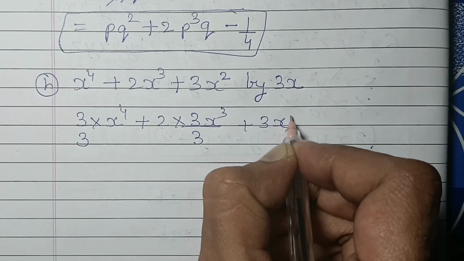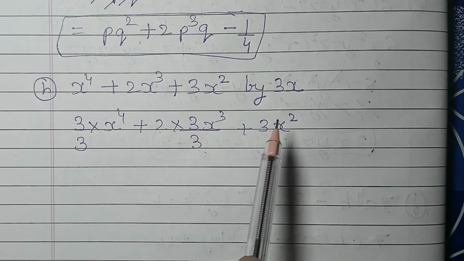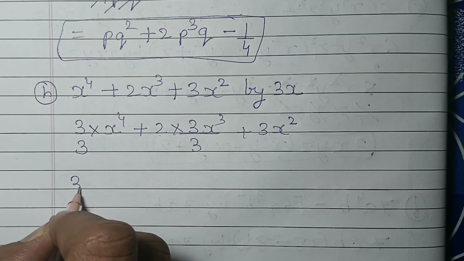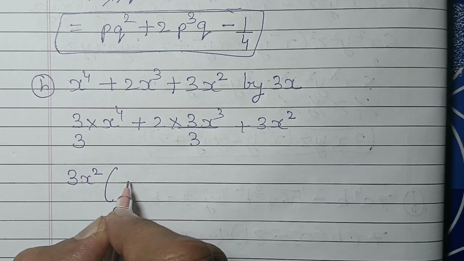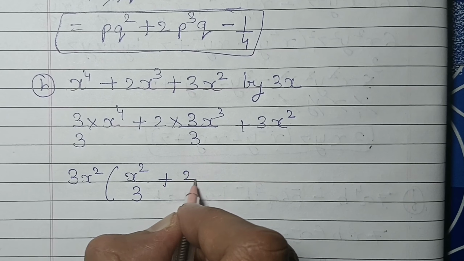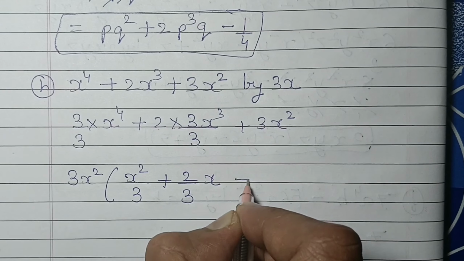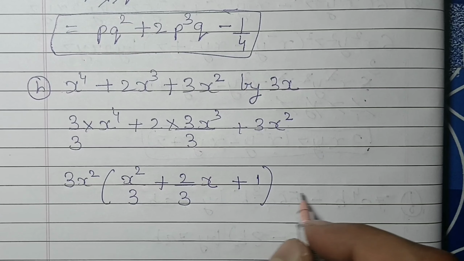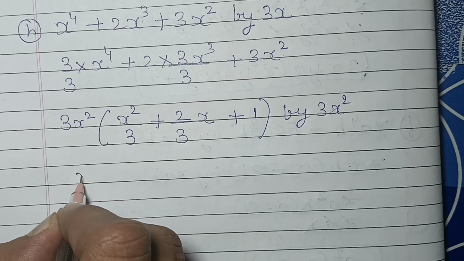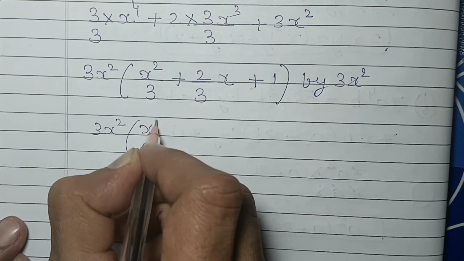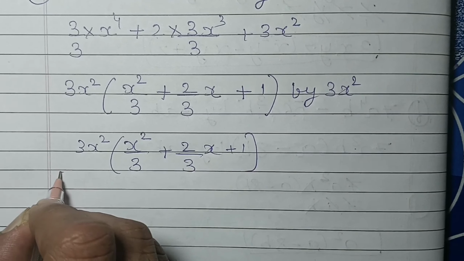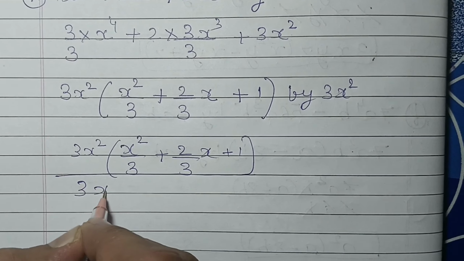plus 3x square, so now we can take out x square and 3x square we can take out common, so the remaining term will be, here x square divided by 3 will be common, plus here 2 by 3 x will be common, plus here 1 will be common, and if we divide these by 3x square, then we can write as 3x square into x square by 3 plus 2 by 3 x plus 1, and divided by 3x square.